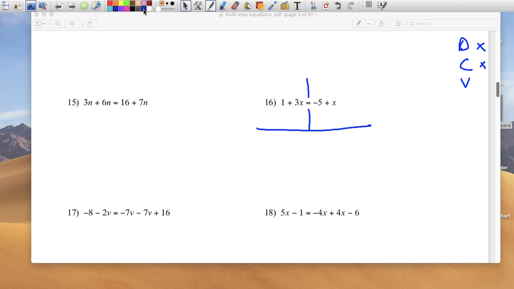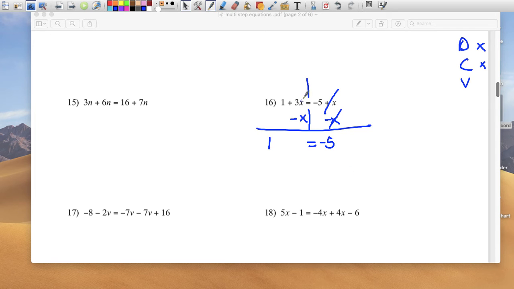Get rid of one of them. I don't care which one you do, because you end up with the same answer. So usually we get rid of the smaller guy. So plus x, I'm going to do minus x. If I do minus x on this side, I do minus x on this side. Plus x and minus x becomes 0. We are left with negative 5, and we got what we wanted, which is to eliminate that x.